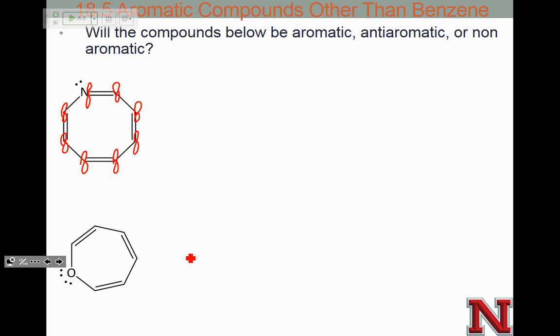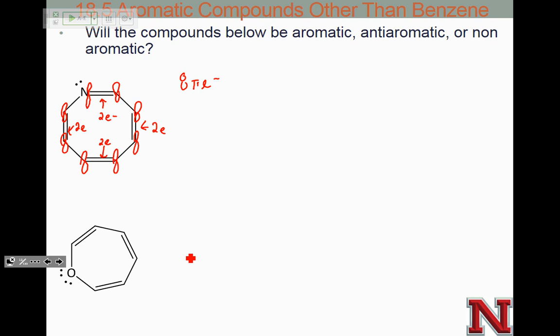We have our 2 electrons in each double bond, so we have a total of 8 pi electrons. In this case, the lone pair is not participating in that. Why? Yeah, our carbon-nitrogen has a double bond. That p orbital is already full, so that lone pair is localized to the nitrogen, not part of our aromatic or anti-aromatic system. So what we have is 8 pi electrons.